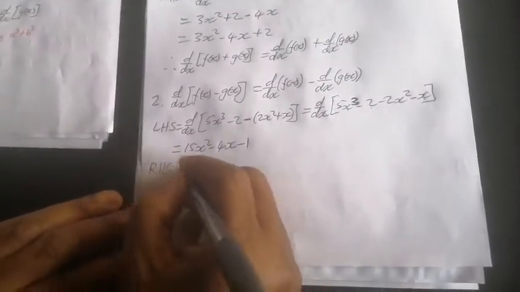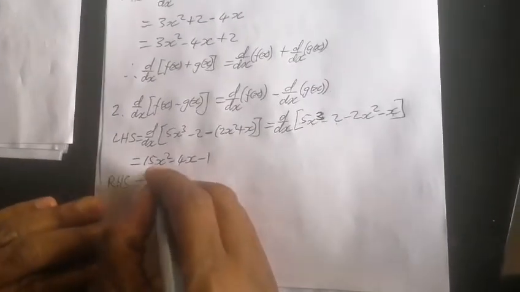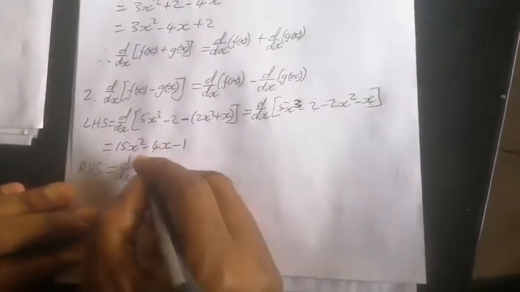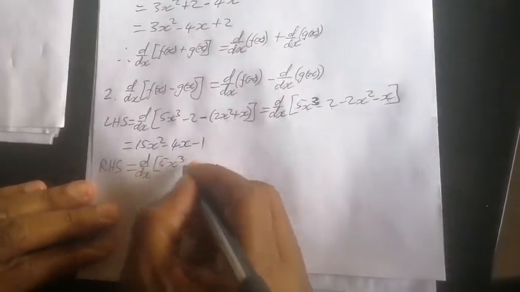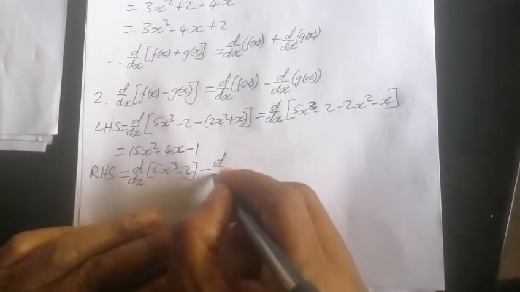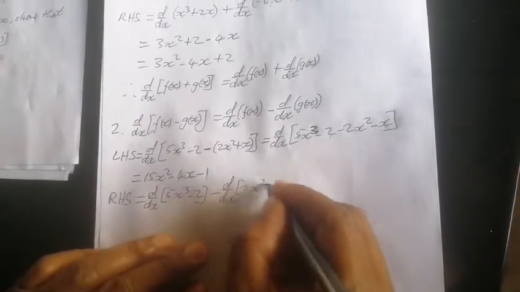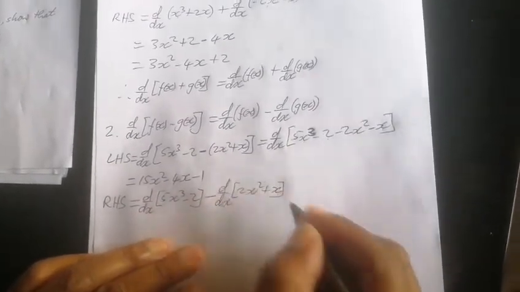Right hand side will be the derivative of the individual functions. So it's d dx of the first one, 5x cubed minus 2, minus d dx of 2x squared plus x.